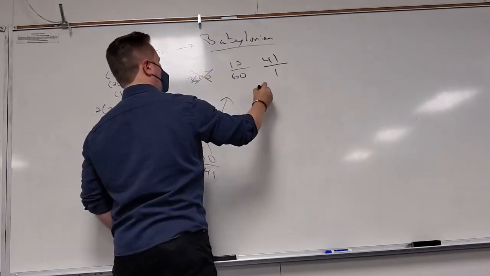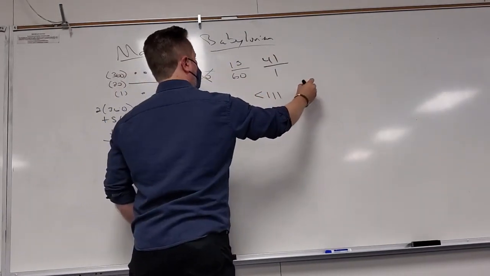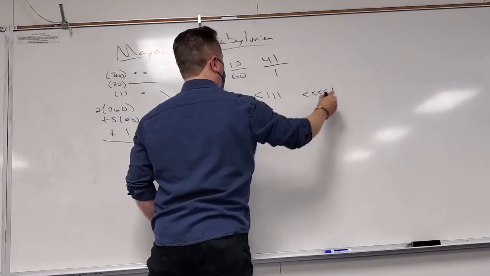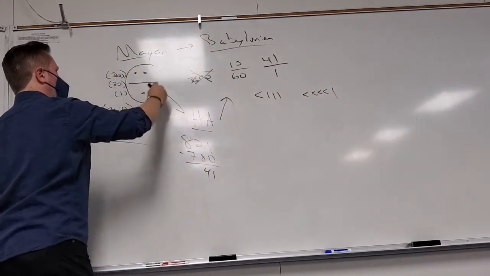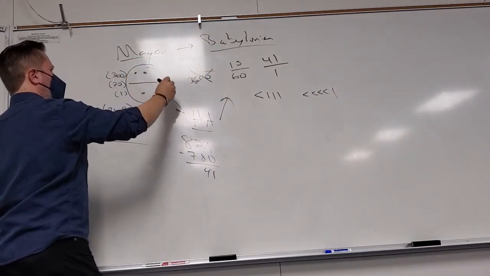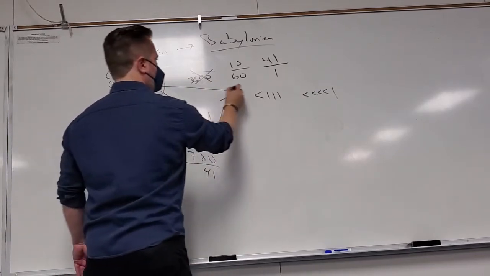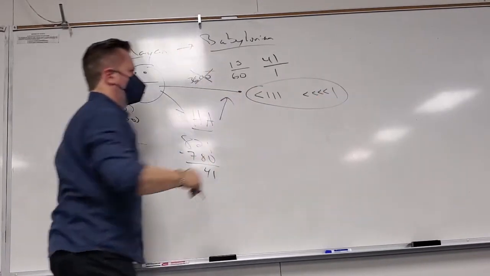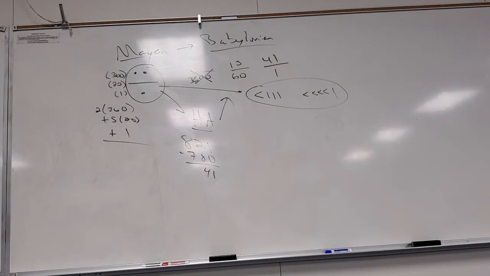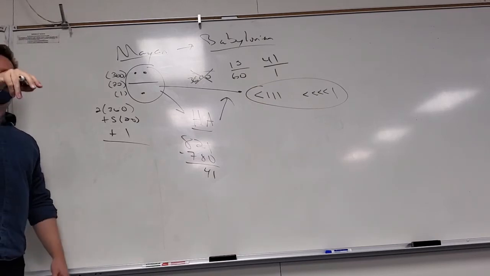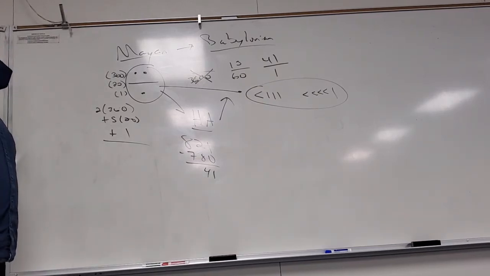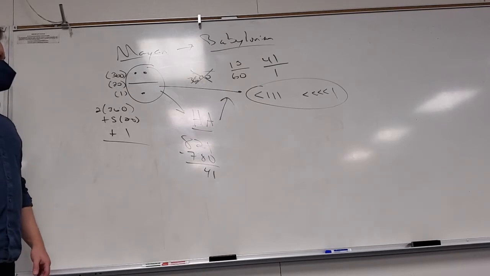So 1 Pac-Man 3, and then 4 Pac-Man 1. So this number in Mayan is this numeral in Babylonian. They both represent the same idea of amount. Yes? So for Mayan, since it goes up and down, it's always gonna be the biggest number at the top? Yes. Okay. I like it.